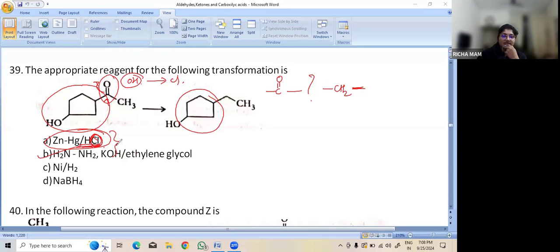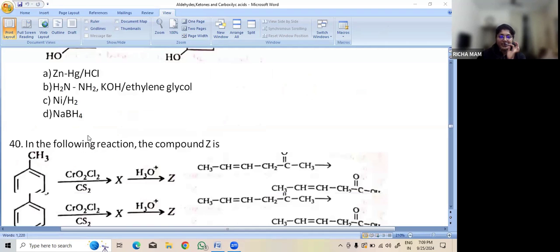So with both the reagents you can do the conversion of carbonyl to hydrocarbon, but the best reagent is option number 2, that is hydrazine in the presence of OH minus or ethylene glycol. So by using this reagent you can do the conversion from carbonyl carbon to hydrocarbon. So option number B is the answer.